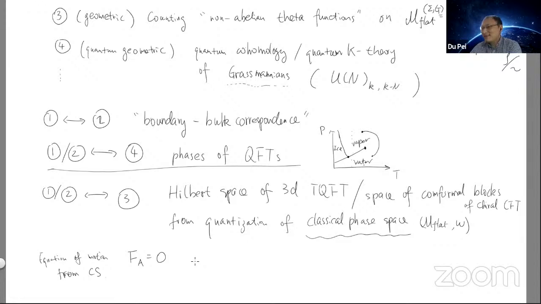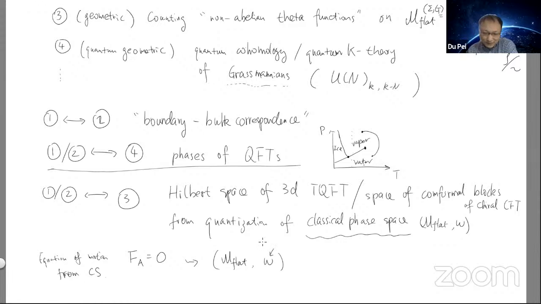And then this tells you that the classical phase space is indeed just the moduli space of flat connections. You look at configurations of connections with flat connection and quotient that by gauge symmetry. And this space is naturally symplectic, which is what one should expect for any classical phase space.